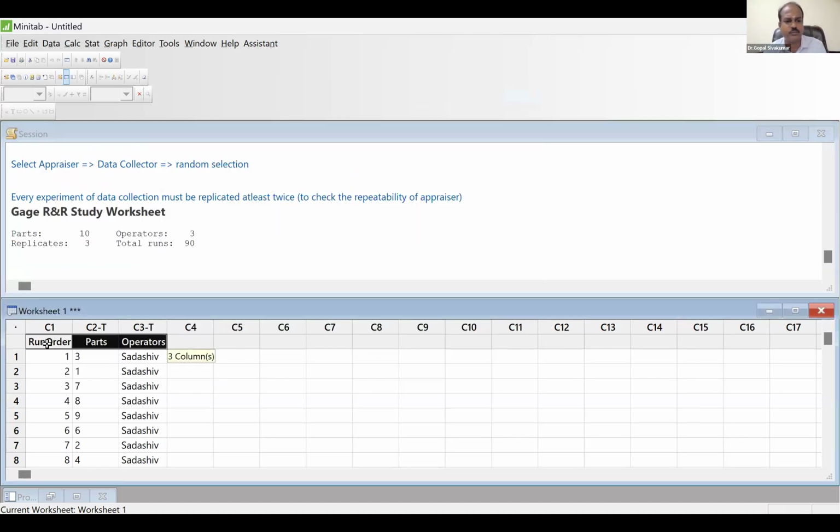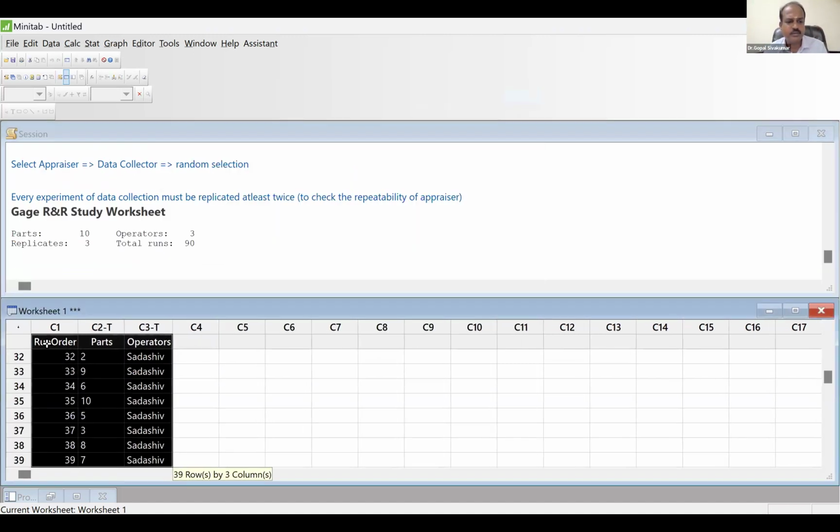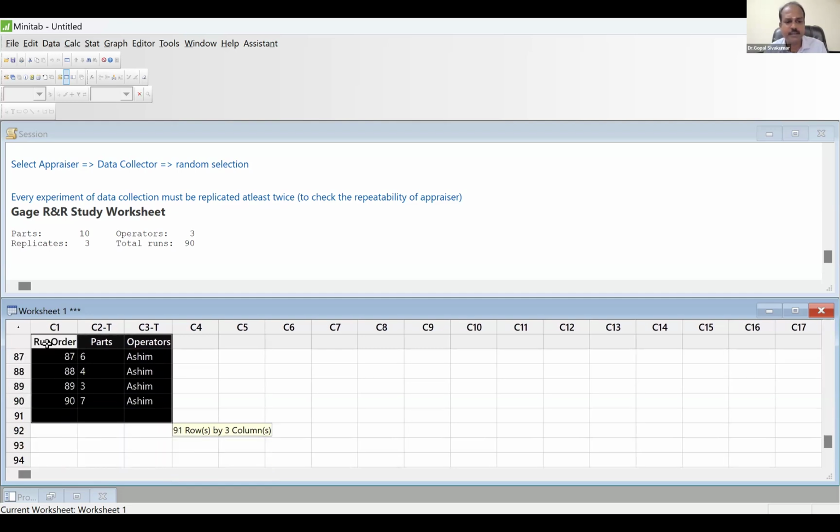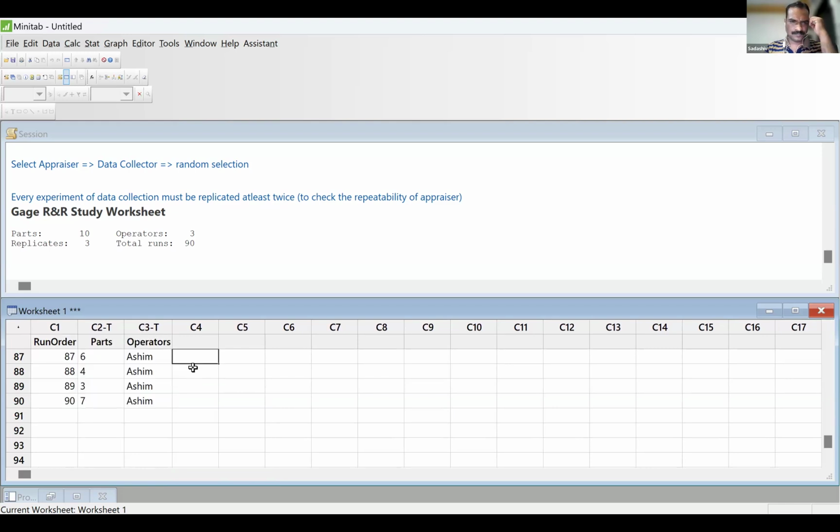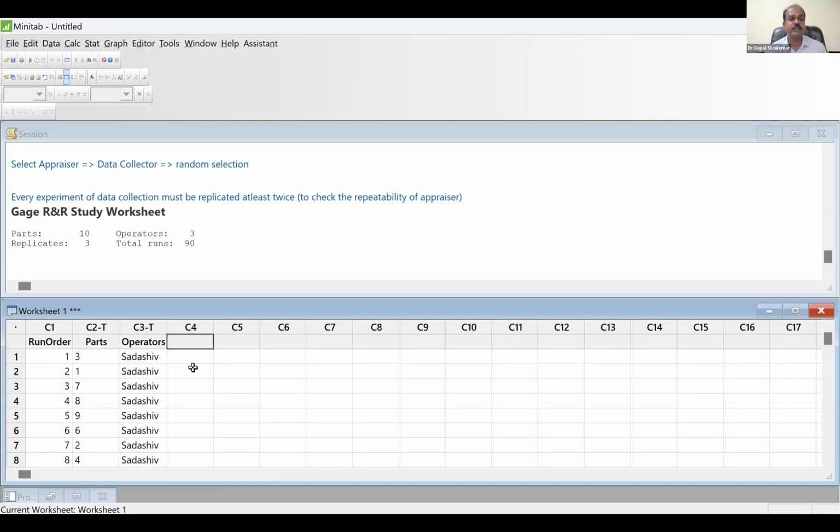Can you see here, all of you? Can you see how many rows of data generated here? 90 rows. Now each row is a trial. The first trial is Sadashiv will be checking part number 3. Sadashiv will have a vernier caliper.